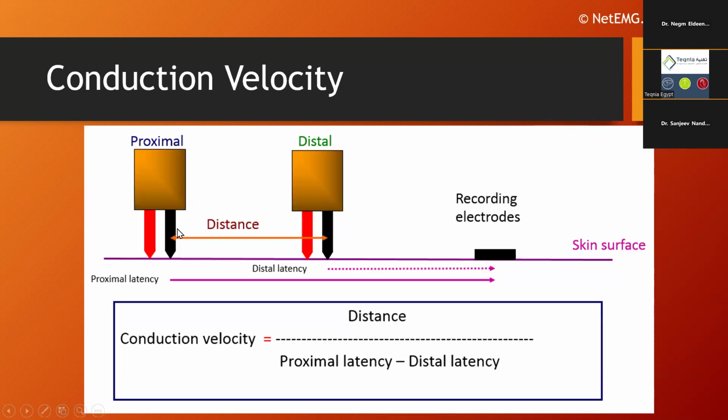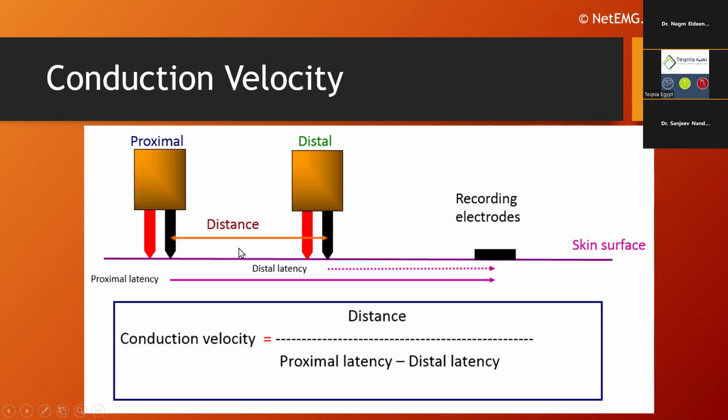The point I'm trying to make is that if you had a pathology somewhere over here, nerve conduction velocity will still be normal because that reflects the time of propagation between distal and proximal site. Similarly, if the lesion was somewhere more proximal, somewhere over here, this velocity measurement will still be normal.